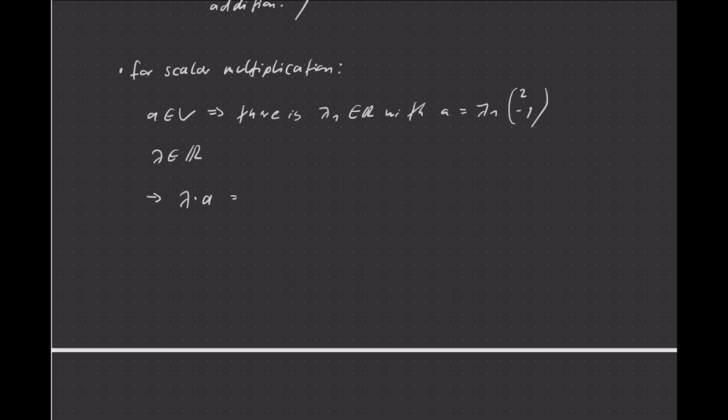So what we get is lambda times A is the same thing as lambda times lambda 1 times (2, -1). And here we have a product of two real numbers, lambda times lambda 1. So of course that is in R again. So that means this result here is once again in V. Okay, so the vector space V is also closed with respect to scalar multiplication.